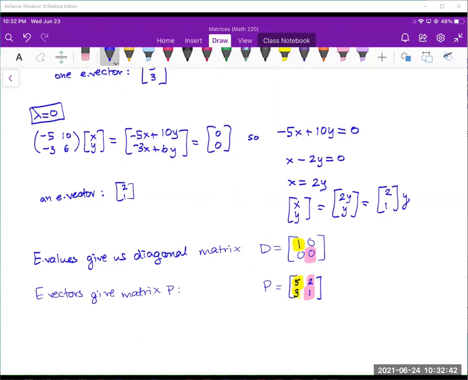We need one more piece to complete our picture, which is that we need to find P inverse. This is going to be 1 over the determinant of P times the matrix where we switch the diagonal elements and negate the off-diagonal elements. The determinant of P here is -1, so we're going to have -1, 2, 3, -5.